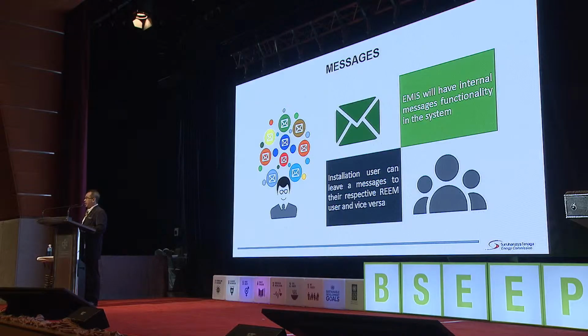Through the EMIS system also, we can send messages to them, and they can send messages to us. Industry can send messages to RIM, and RIM can send messages to the installation, and RIM can also send messages to ST on the progress of the system or energy usage.